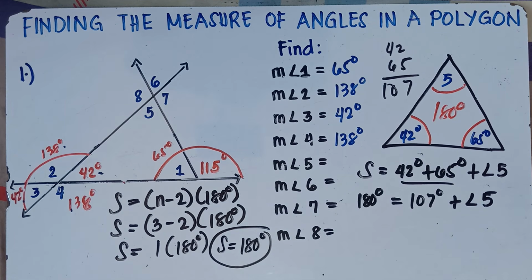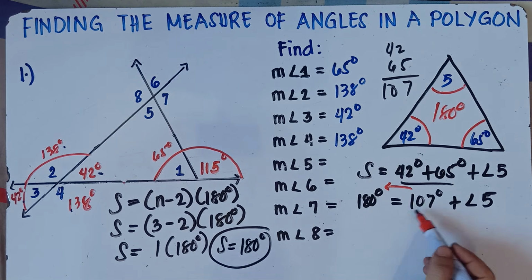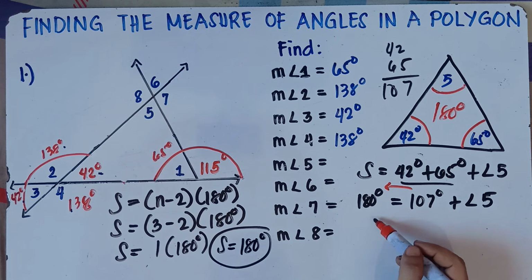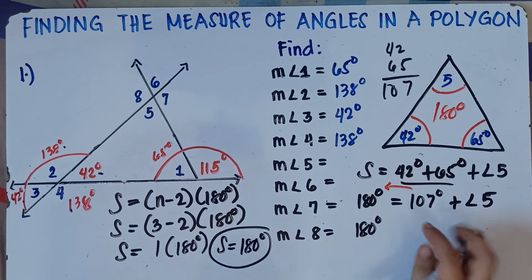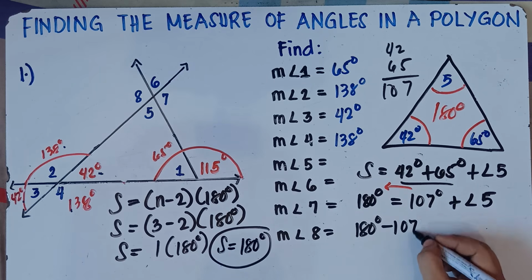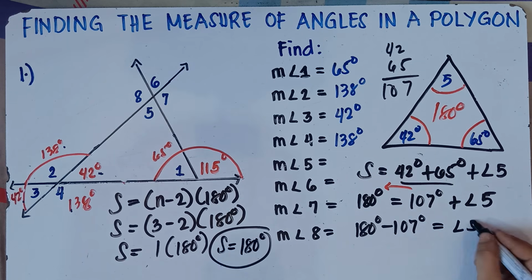So to get the measure of angle 5, we simply transpose 107 from right to left. Once you transfer across the equal sign, you change the sign. This is positive 107, it will be negative 107. So this will be 180 degrees, minus 107 degrees equals angle 5.